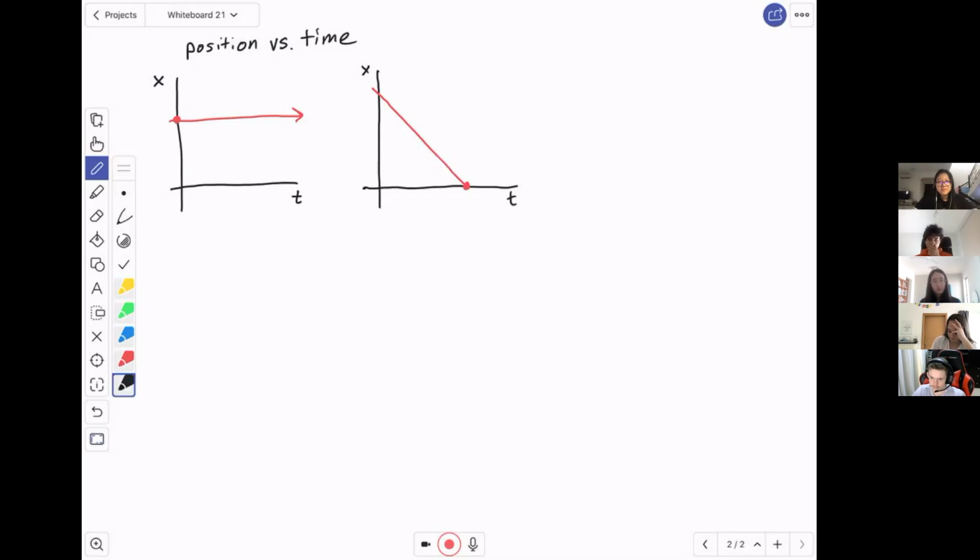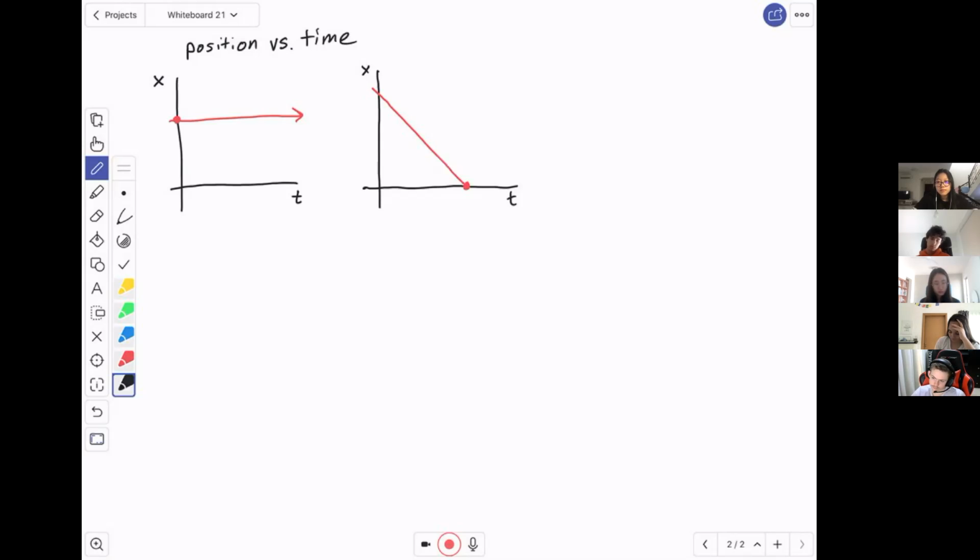Okay, slope is negative. What does that mean? Does it mean, I don't know, like directions? Okay, yeah, so it's going in the negative direction, whatever that means in this case. If we say this is one-dimensional going to the right and left, we could say it's going to the left.